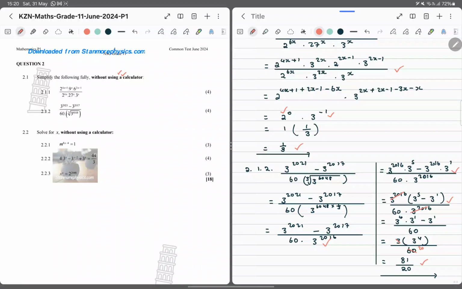But yeah, so let's put it on the calculator and check if the answer is good. 3 to the exponent 2021 minus 3 to the exponent 2017 divided by 60 into 3 to the exponent 2016.